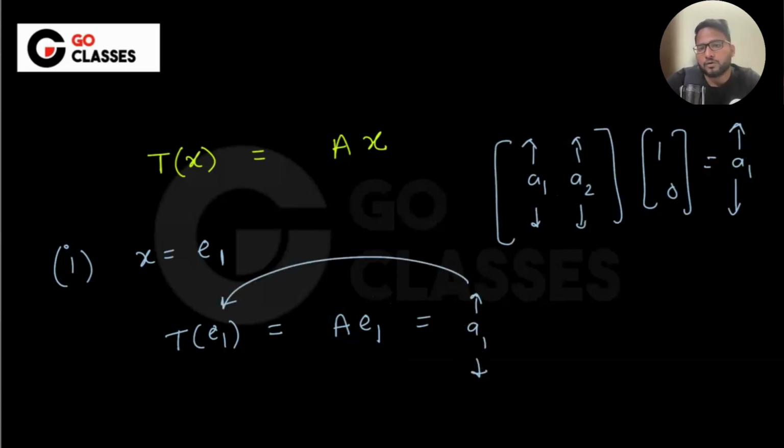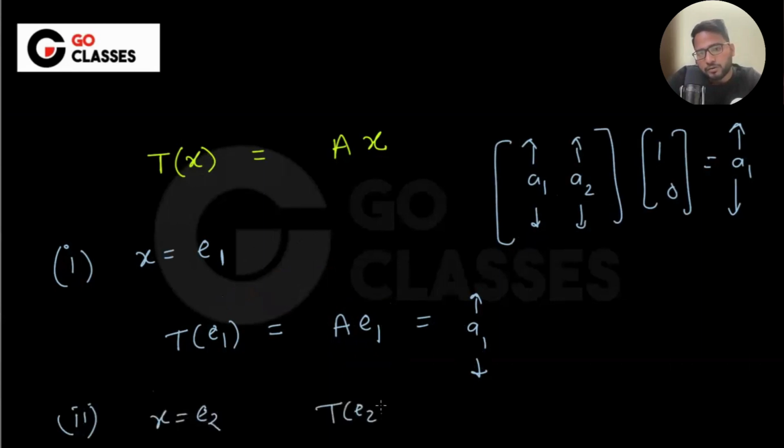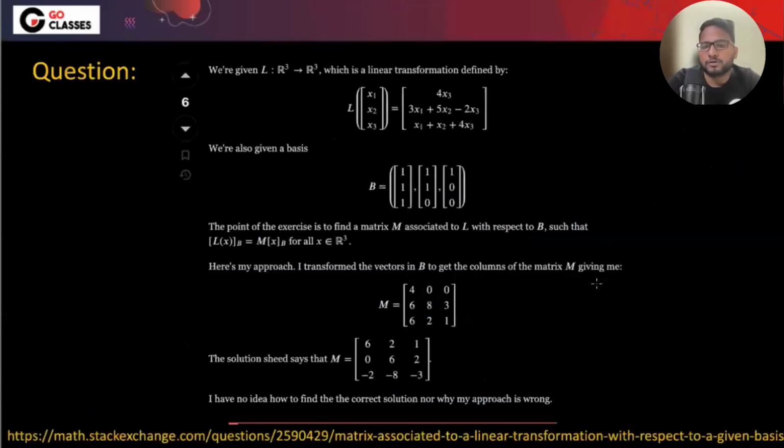Similarly, if you put x equal to E2, then you will be getting TE2 equal to AE2, and AE2 is nothing but A2, right? So basically, this is TE1 and TE2.